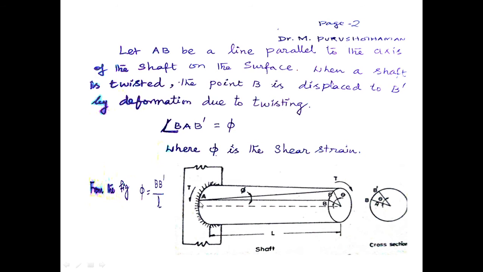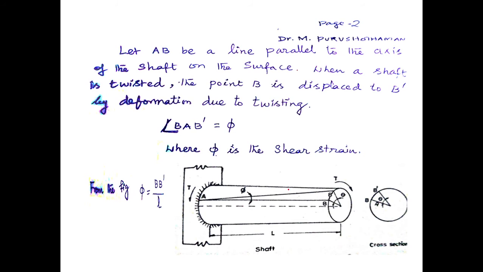Suppose on the surface we consider a straight line AB, parallel to the longitudinal axis. The dotted line refers to the longitudinal axis. A parallel line AB is considered on the surface of the shaft.